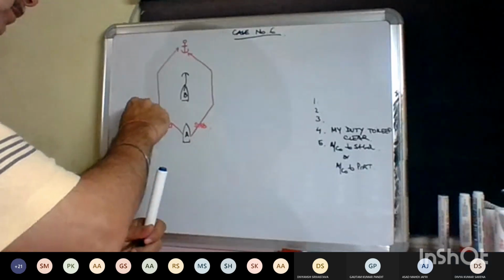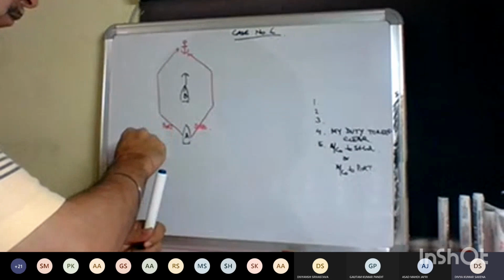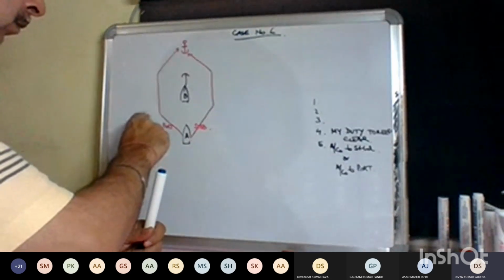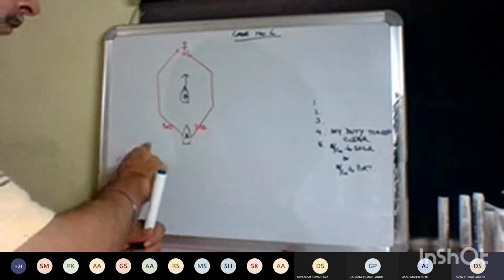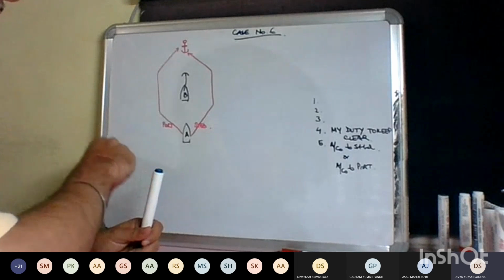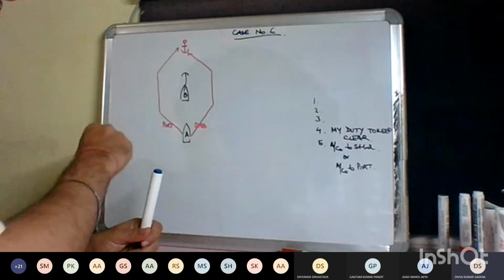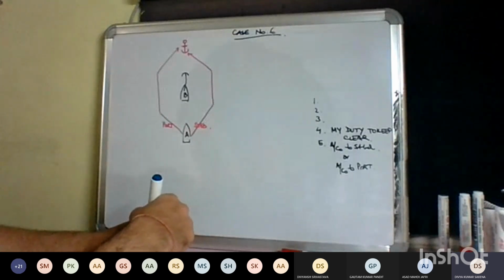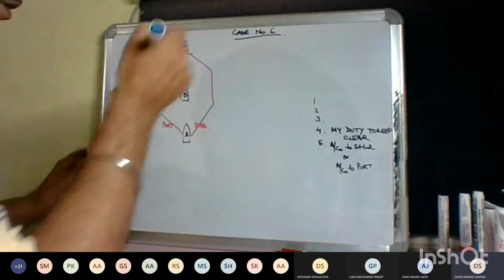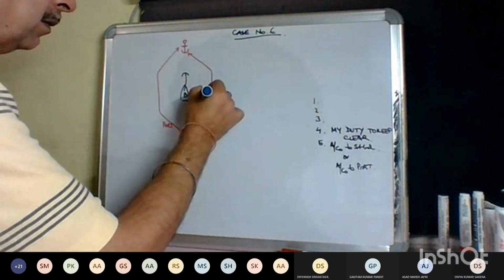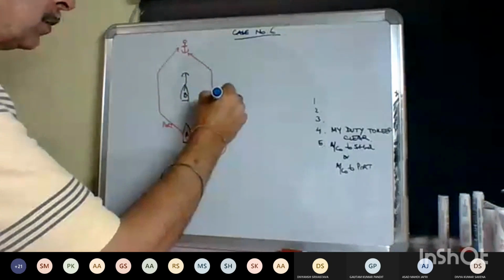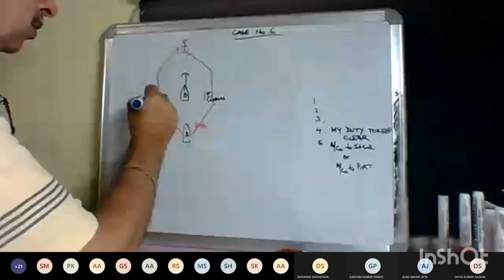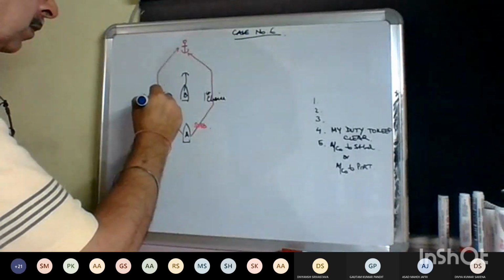Why? Because in most of the rules, if we have another situation coming in on the port side, then we don't have an option to alter to starboard. But if we go to starboard side, we have plenty of room. Therefore, this will become my first choice. This will become my second choice.